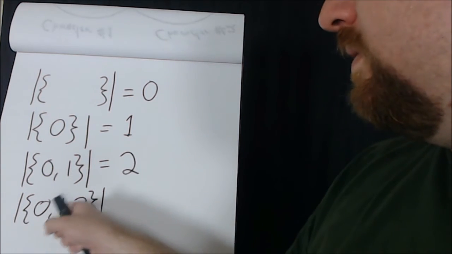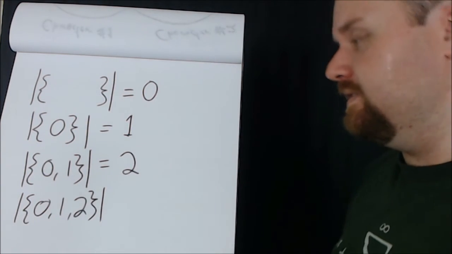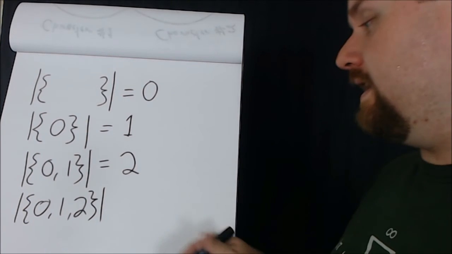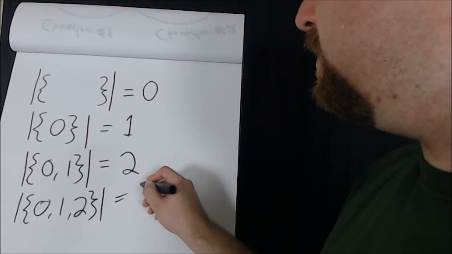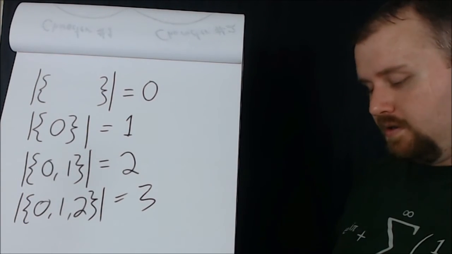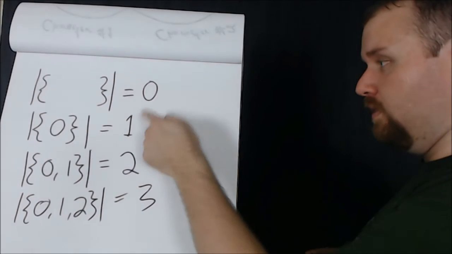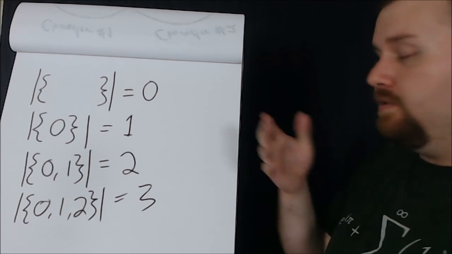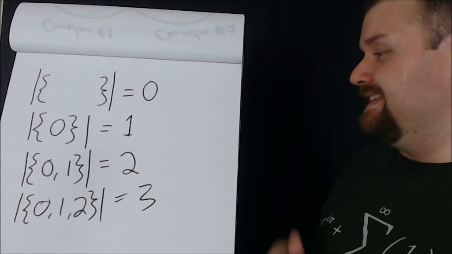So 0, 1, and 2 has now this many things. So I'm going to call this cardinality 3. And the next one, the one containing 0, 1, 2, and 3, I'm going to call 4. And the next one will be 5, and then 6.